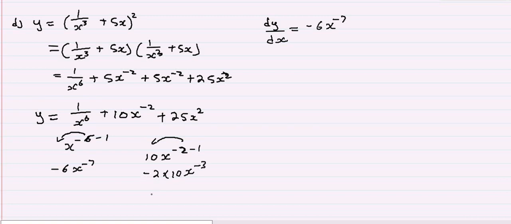Negative 2 times 10 is negative 20x exponent negative 3. So then you bring it here: negative 20x exponent negative 3.